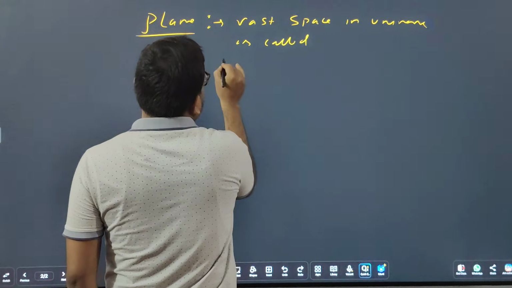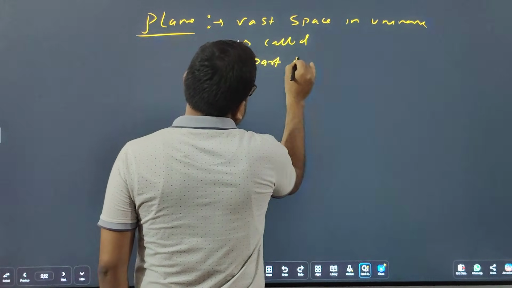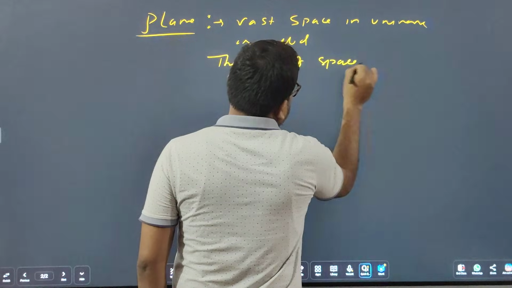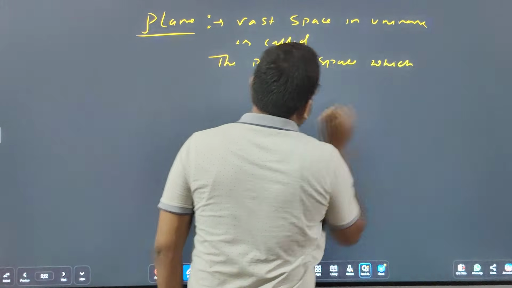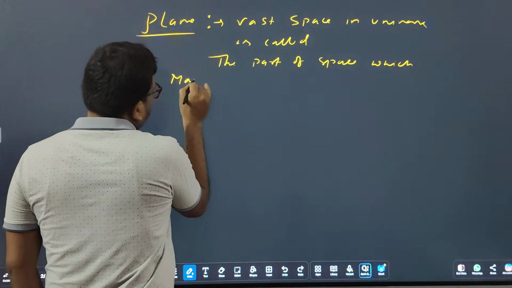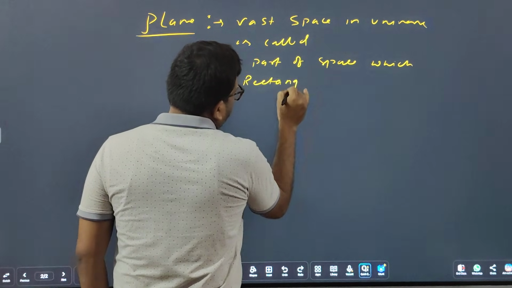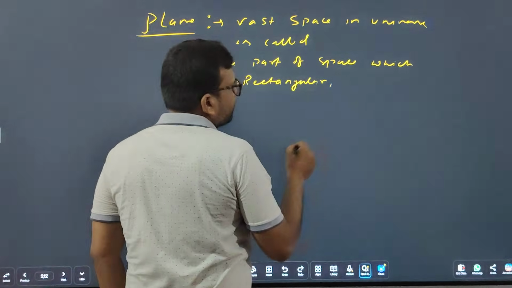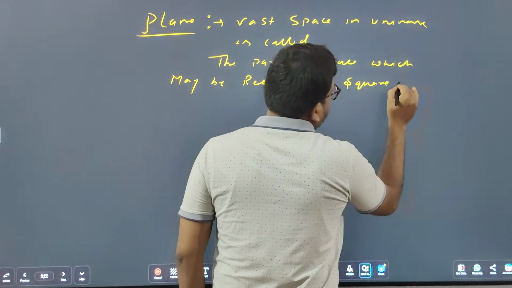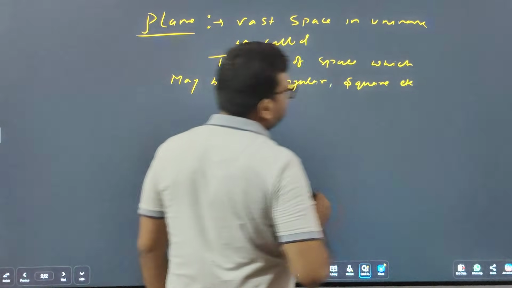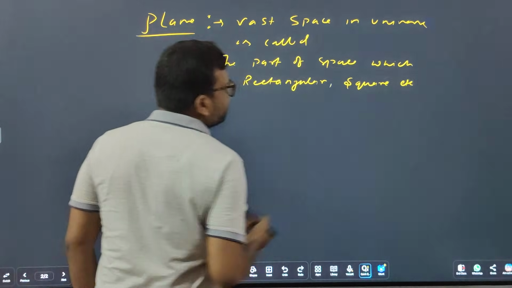We can say that a part of a space, which may be rectangular, square, etc., is the plane.